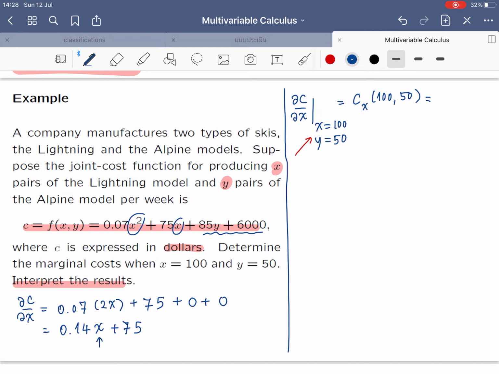Right now only the x survives, so you just plug it in: 0.14 times 100 plus 75, so it is 14 plus 75, which is 89. This is $89 per pair, a dollar per pair, per one pair.